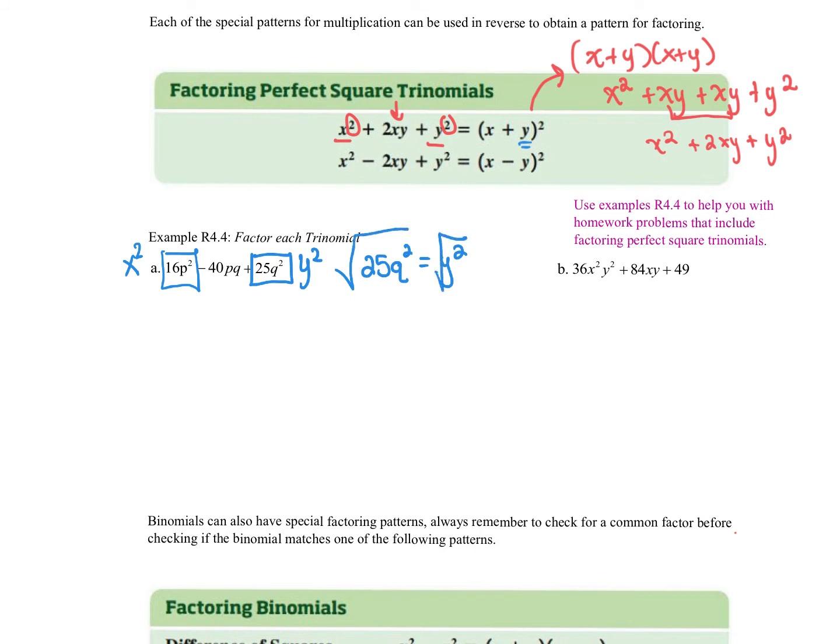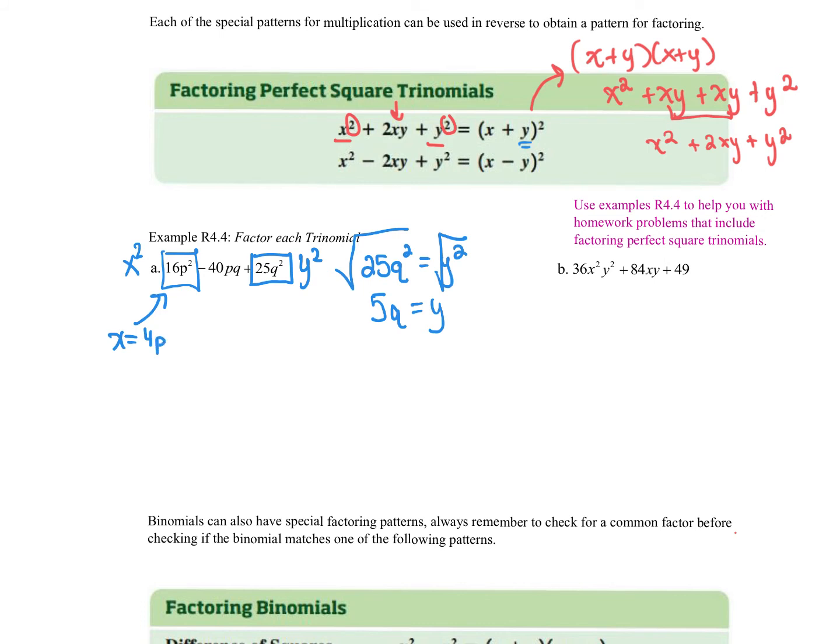So if I square root this, 25 square rooted is 5. Q squared square rooted is q, so this is my y. Same idea here. We're going to square root 16 and get 4. P squared square rooted is just p.